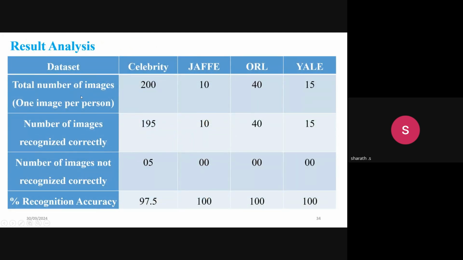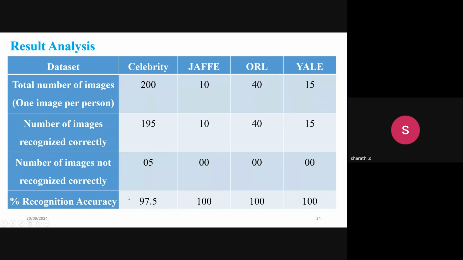This is the result analysis. So we have compared our algorithm with different data sets. As I said earlier, the celebrity data set, Jaffe, ORL, and Yale. The total number of images were 200. We took 200 images of celebrity. The number of images that we were able to recognize correctly were 195, and the number of images not recognized or incorrectly recognized was 5.